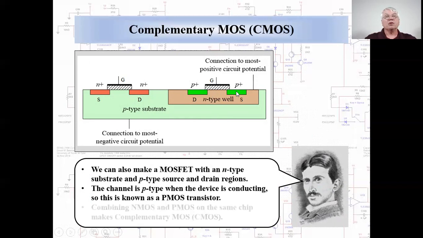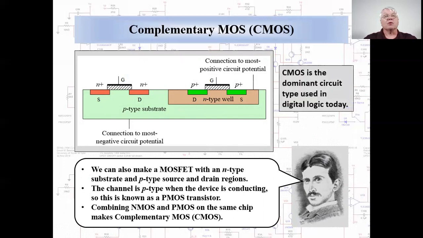We can build both N and P-channel devices on the same substrate by building one transistor in a well. Here the P-channel device is built in an N well, which is embedded in the P-type substrate. Combining P and N-channel devices on the same chip makes a CMOS structure, in which the C stands for complementary. CMOS is the most widespread form of digital logic today.